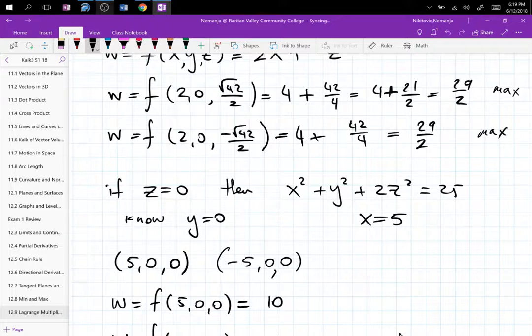Shipping regulations, box with minimum surface area, extreme distances to an ellipse, maximum area rectangle in an ellipse, maximum perimeter rectangle in an ellipse. So which one should we do? Minimum distance to a plane, minimum distance to a surface, minimum distance to a cone.